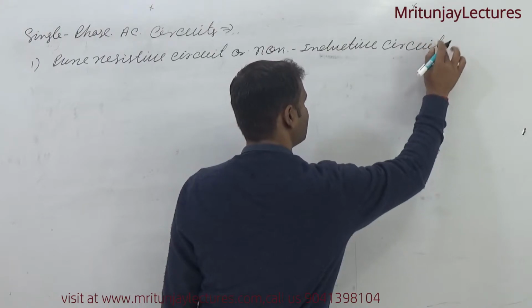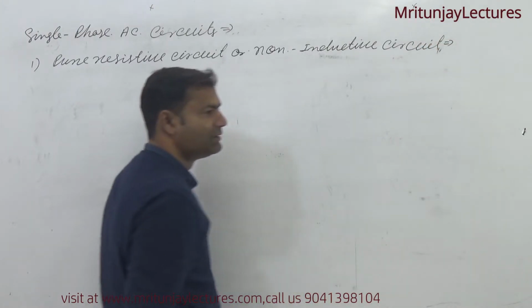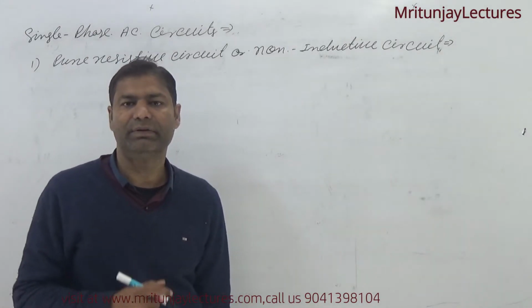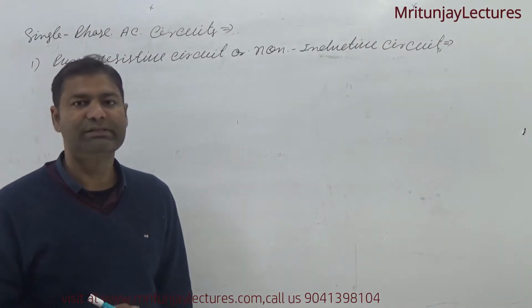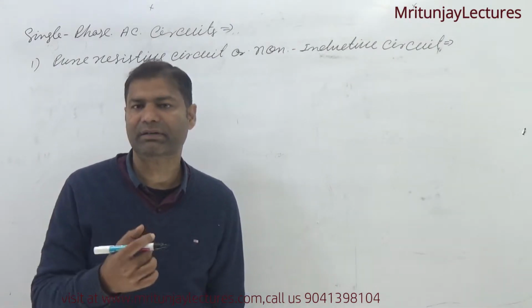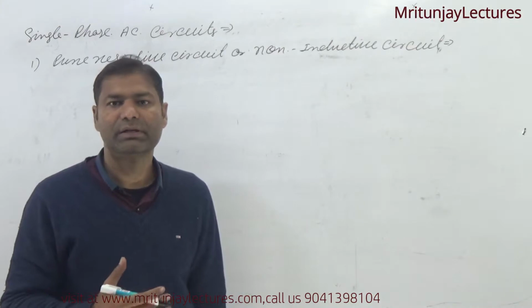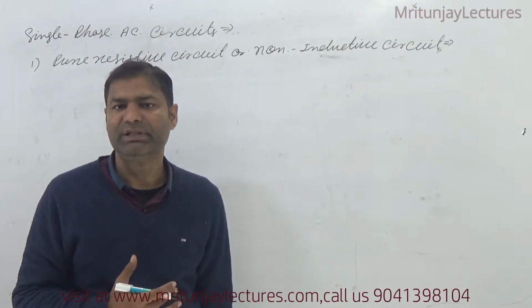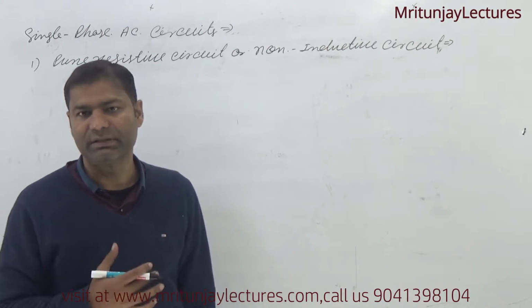We neglect the inductive effect; it is 0. Otherwise, if any current flows in a circuit, some inductive effect is present. But here we have considered an ideal non-inductive circuit, meaning no inductor is present in the circuit.